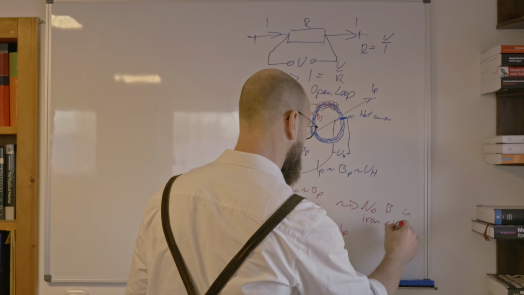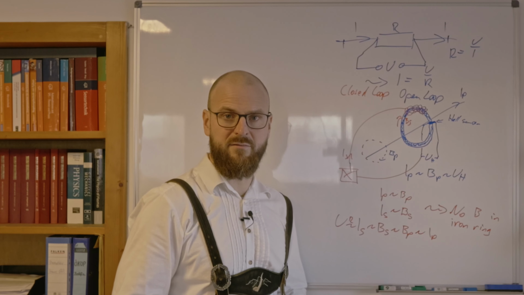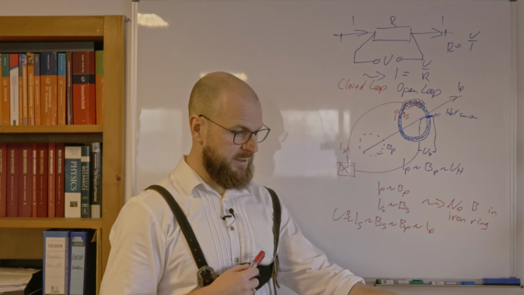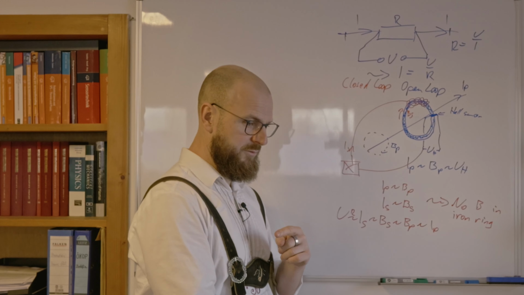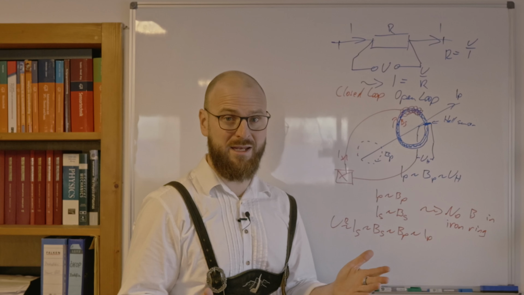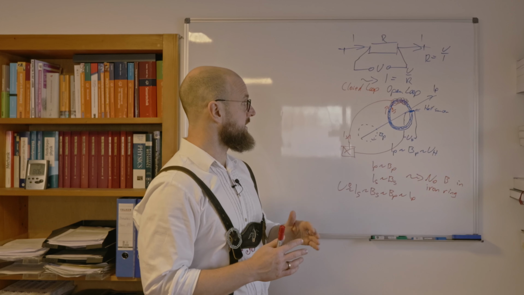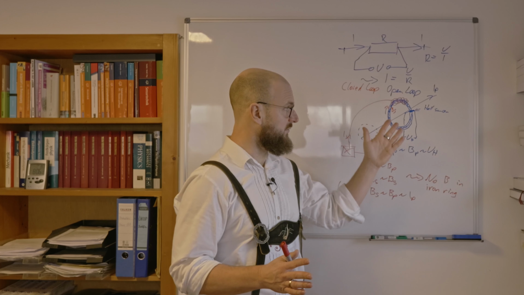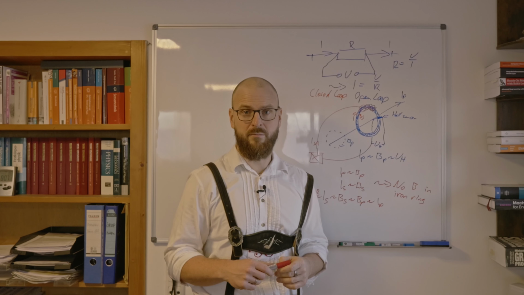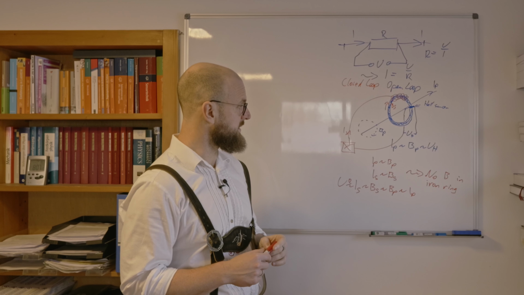There's no magnetic field in the iron ring because we exert a secondary magnetic field which is exactly the other way around than the primary magnetic field, by that eliminating the magnetization of the iron ring. That is for sure the better way of measuring currents indirectly using the magnetic field, using a closed loop system.